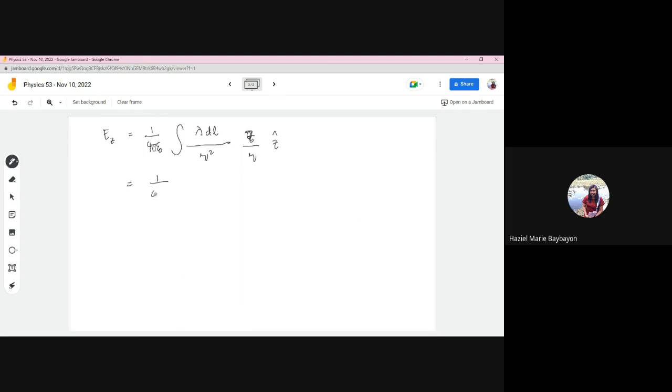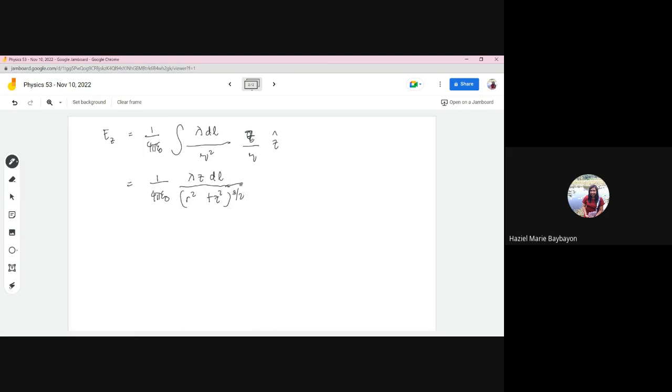So we have lambda z dl divided by r cubed, so you have r squared plus z squared raised to the power of 3 halves.